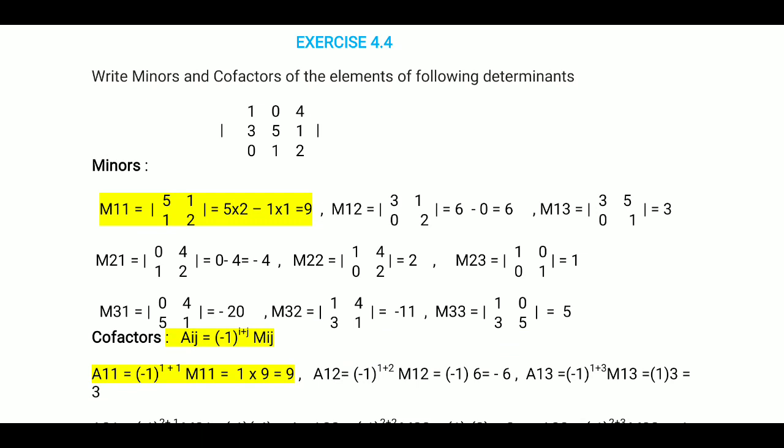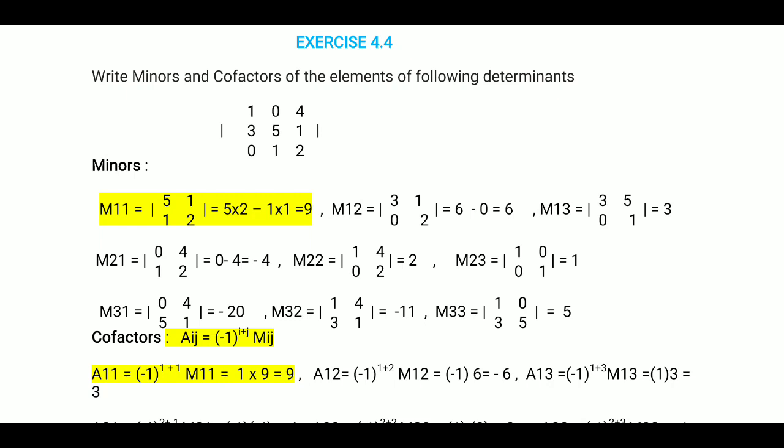Similarly M21 is the element 3. Leaving this row and this column, we get a small determinant having elements 0 4, 1 2. Finding the value, 0 into 2 minus 4 into 1, so we get 0 minus 4, that is minus 4. Similarly M22 means we have to leave the second row and second column.